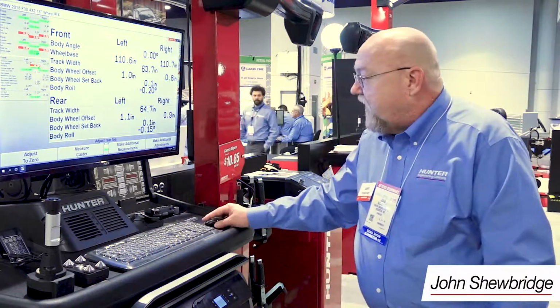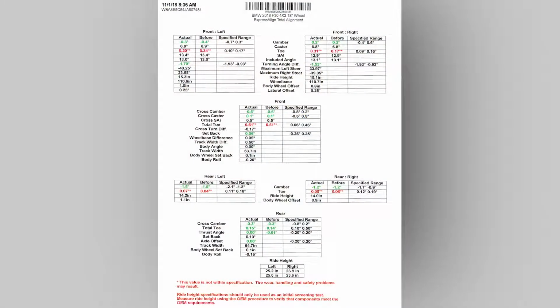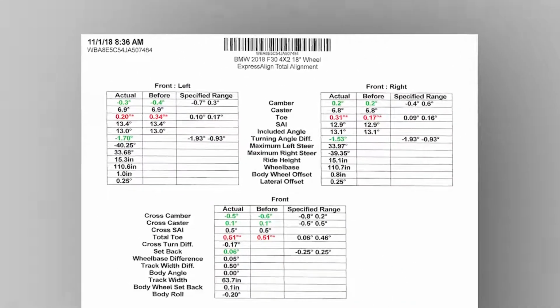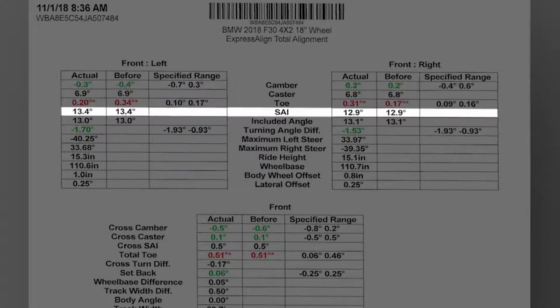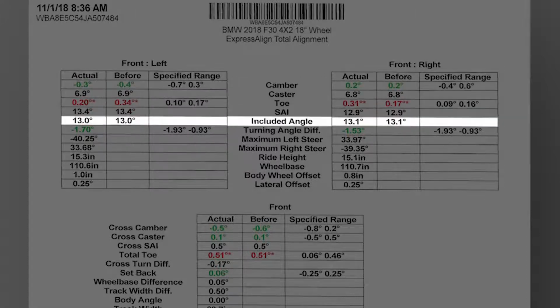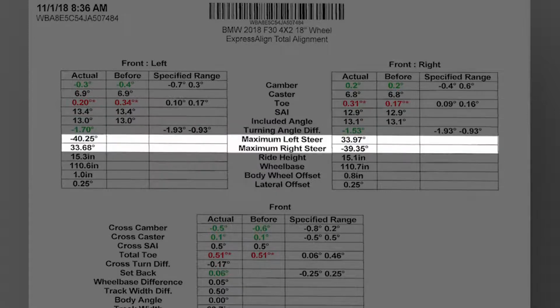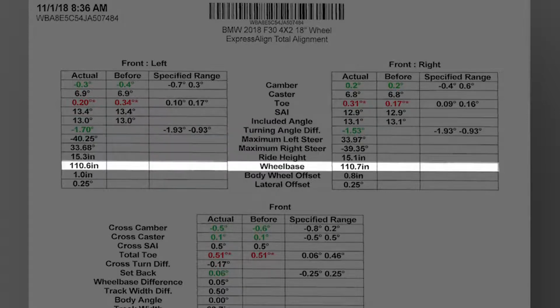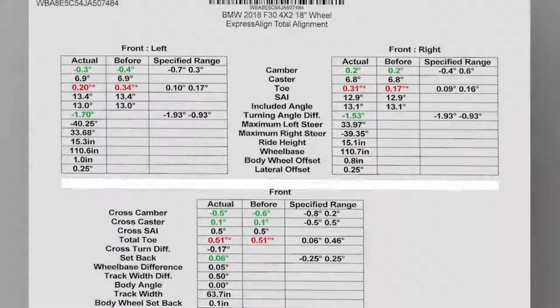What most body shops and insurance companies are going to need is our print summary, which does in fact show all of the measurements. As you can see, we've got a pretty full sheet of measurements here, which include, of course, my camber, caster, toe in the front, my steering axis inclination, included angle, turning angle, maximum steer for both left and right, ride height, wheelbase, body, wheel offset, lateral offset at the top.